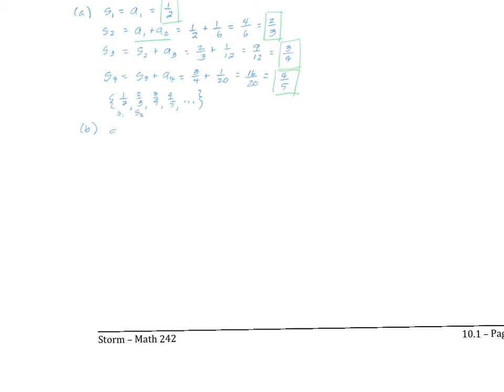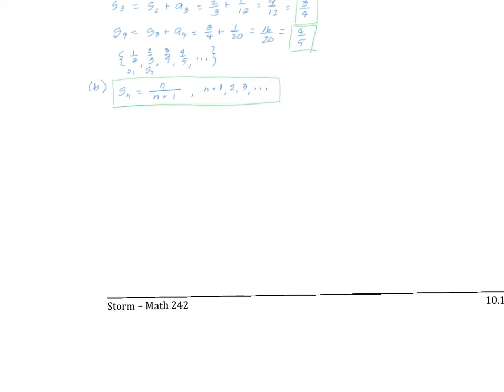So I can see that S sub n, for any n, will be n over, and the denominator is 1 more than the numerator, so n plus 1, for n equal to 1, 2, 3, and so on. I have this formula for my sequence of partial sums.